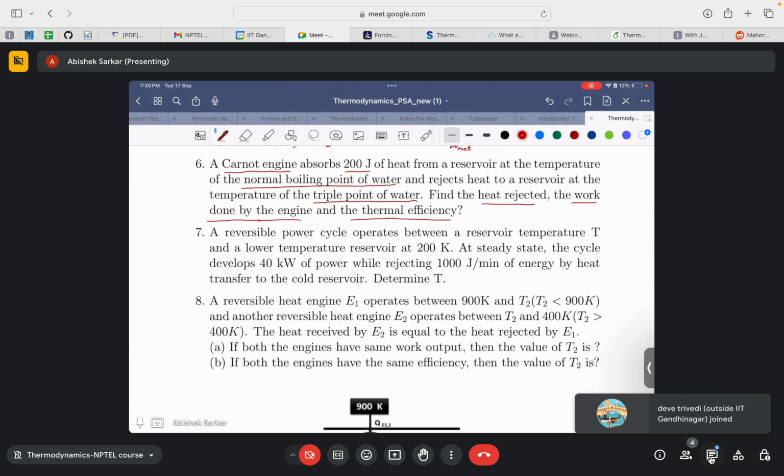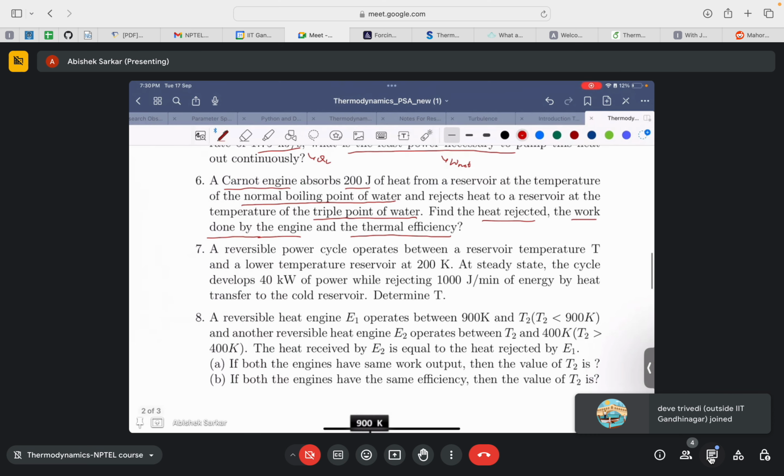Here it is a Carnot engine, so it is again simple: a Carnot engine is a reversible cycle, a reversible heat engine. It absorbs heat from the reservoir, so QH is 200 joules.